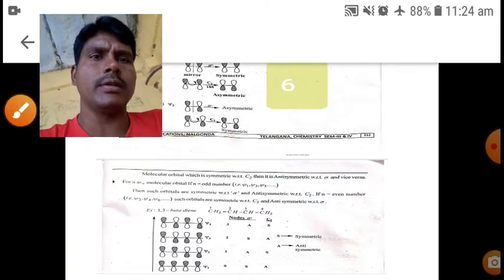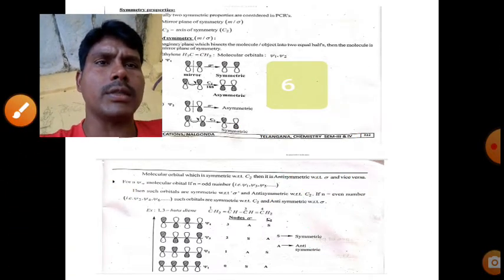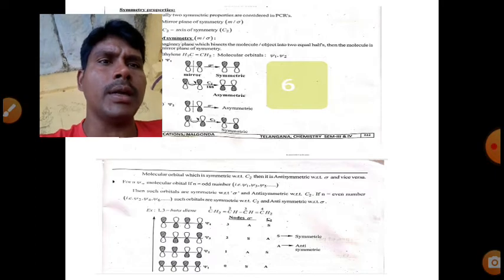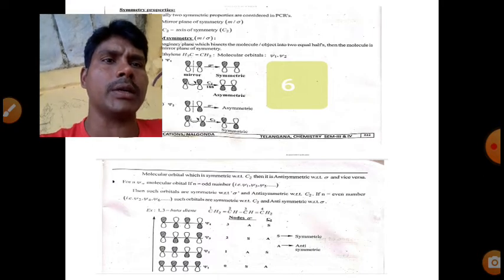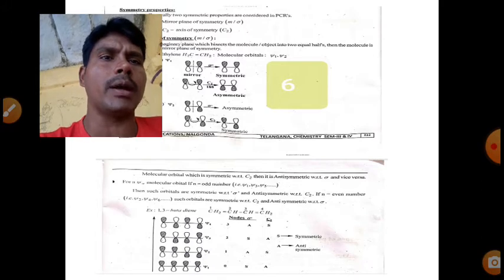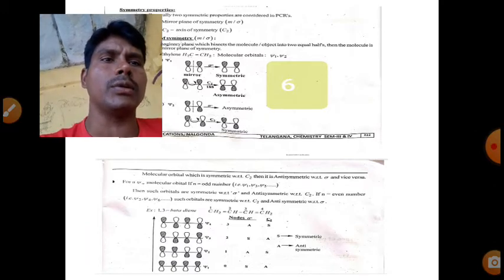So here, for a psi n molecular orbital, if n is an odd number, psi 1, psi 3, psi 5, psi 7 and so on, then such orbitals are symmetric with respect to sigma. So odd-numbered molecular orbitals have sigma, symmetric with respect to sigma and anti-symmetric with respect to C2.